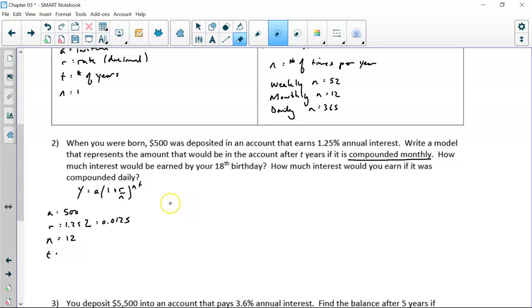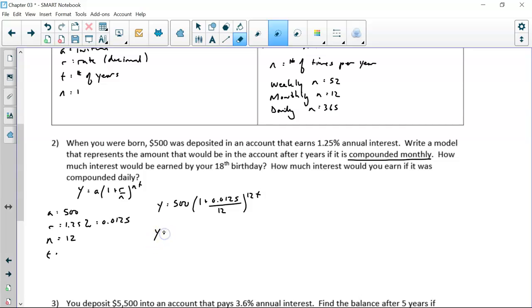So for the first one, y equals 500 times 1 plus 0.0125 divided by 12 to the 12t. That's the model we could use for any number of years.